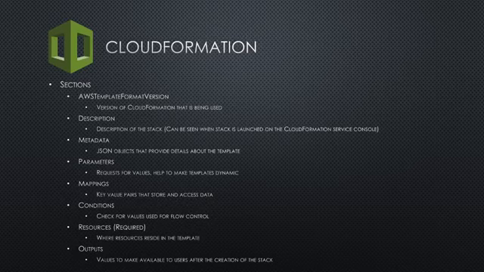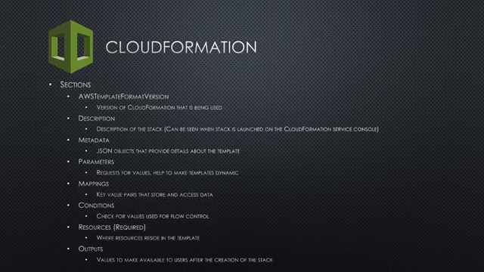So you would list out the region name maybe as your key, and then your value would be the AMI name, and then you could use a function to get what region you're in, and then it would go and pull the proper AMI image.